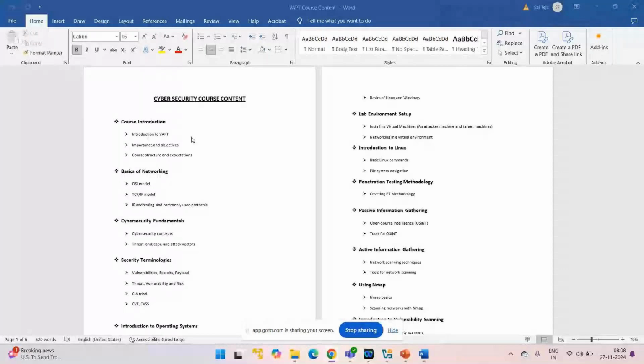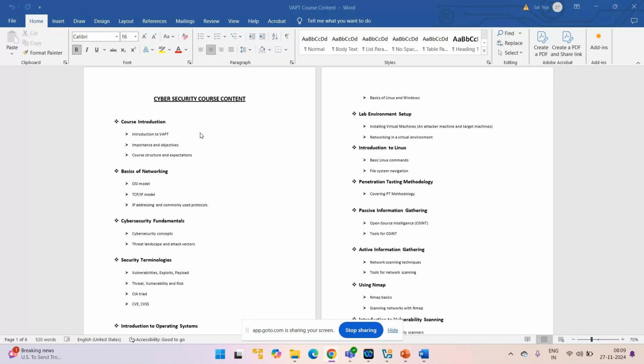First, I'm going to make you understand what this VAPT domain is. Anyone who wants to learn cybersecurity or get into this domain should have some basic networking knowledge, Linux knowledge, and fundamentals of cybersecurity.